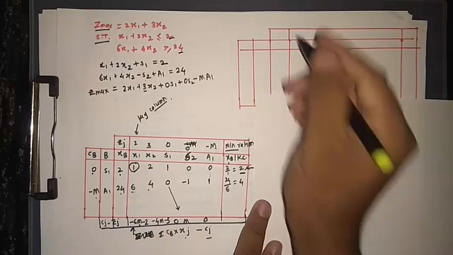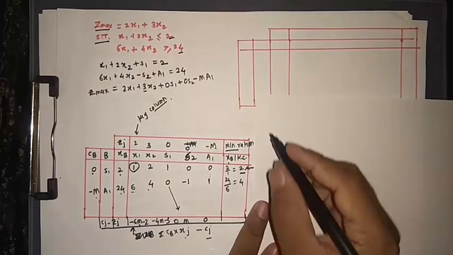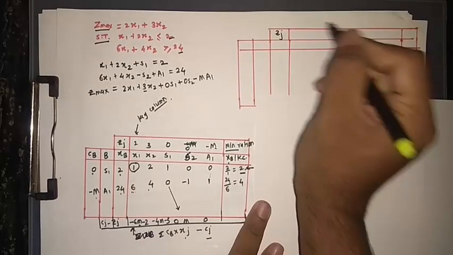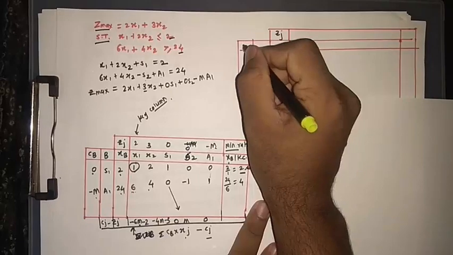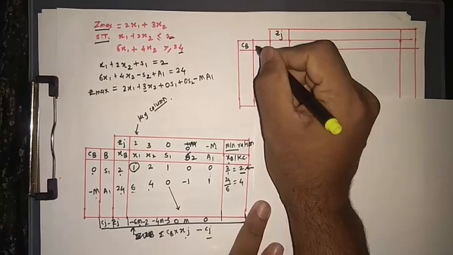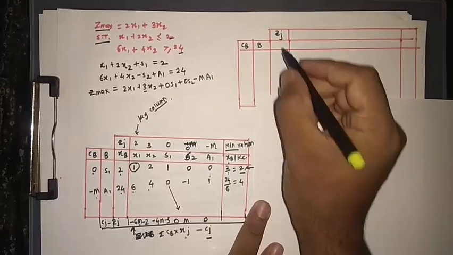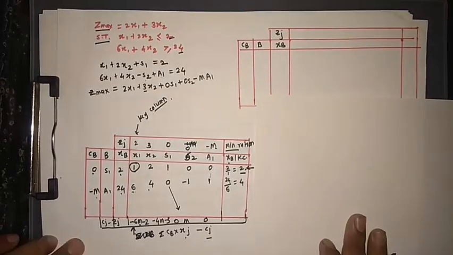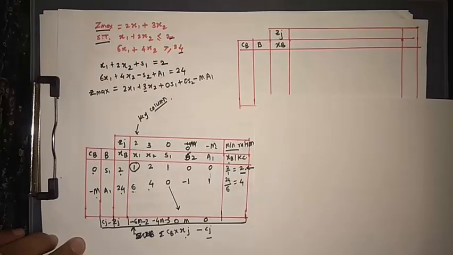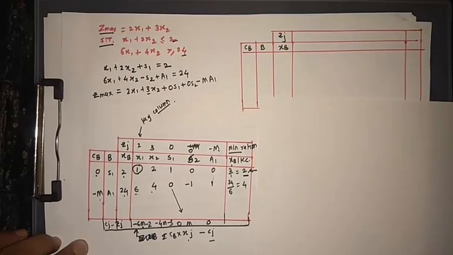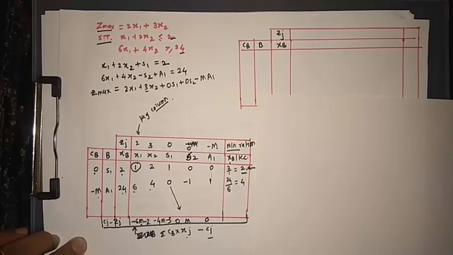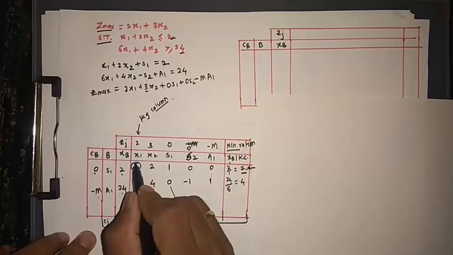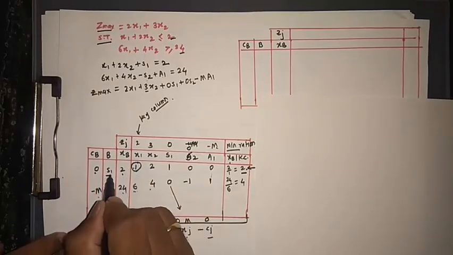In the next iteration we have to write down the Zj values, so we replicate the same table here. This is the coefficient of the basic variable, this is the basic variable, and this is the xb. From the last iteration we get the clear idea that we have the entering vector as x1 and the leaving vector as S1.